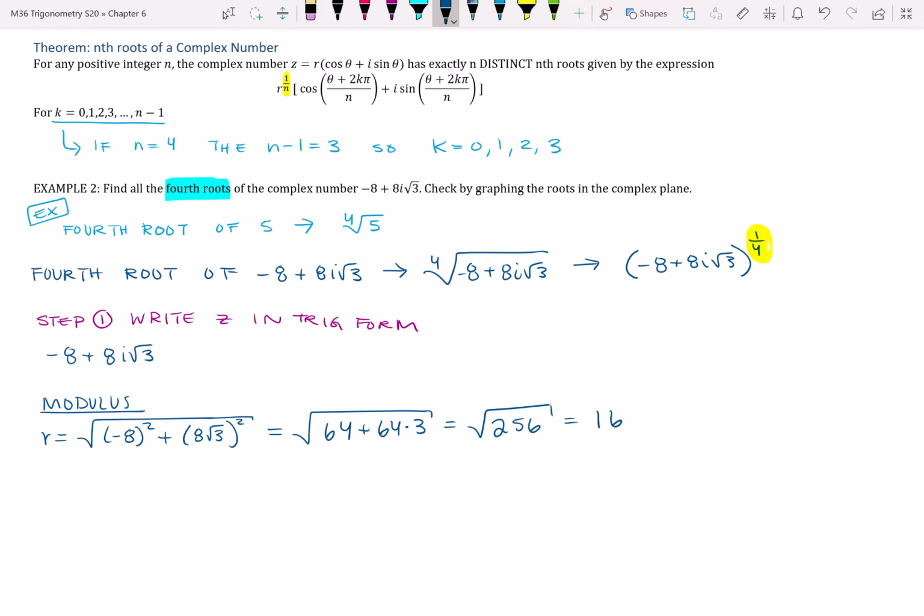So we know that r, our modulus here, the distance from the center to that complex number, is 16. Now we have to find the argument, which is again our angle in standard position.